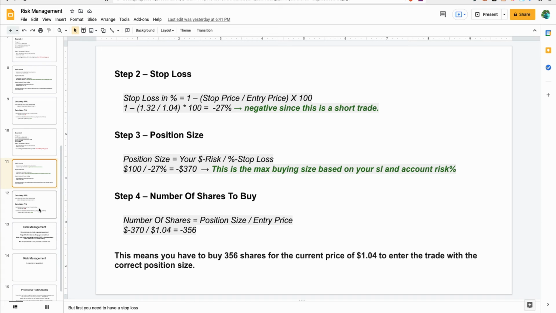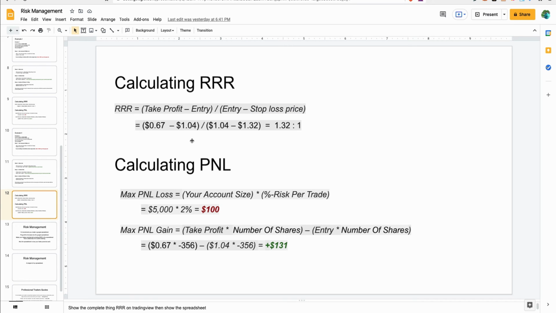You can calculate your risk reward ratio by taking the take profit minus the entry, divided by the entry minus the stop loss price. So take profit at 0.67 minus 1.04, divided by 1.04 minus your stop loss price. You see here that this risk reward ratio is 1.32 to 1.